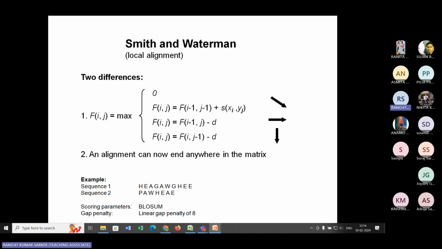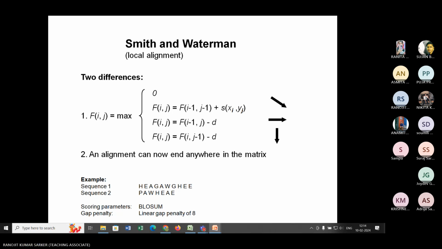In that context, we have seen that Needleman and Wunsch took the effort to design an algorithm that is fully mathematical and statistical, and which can successfully find out the similarities in between two closely related sequences.